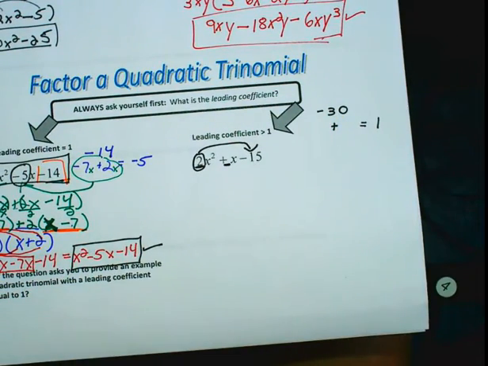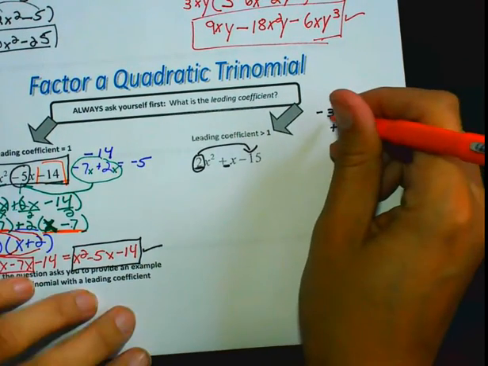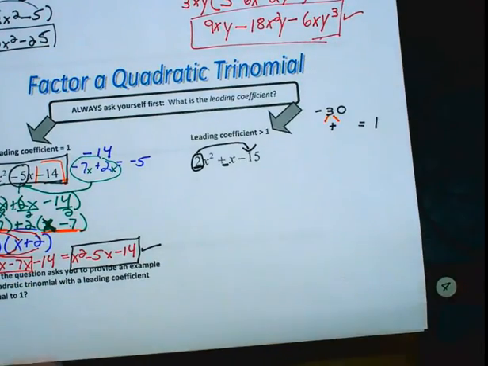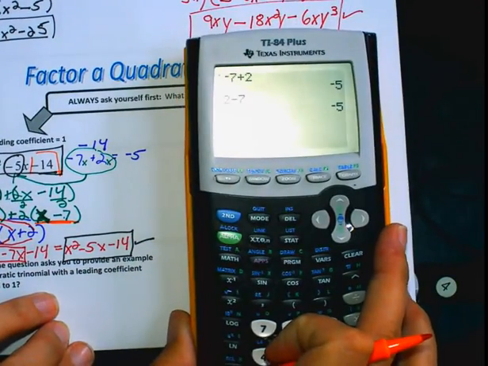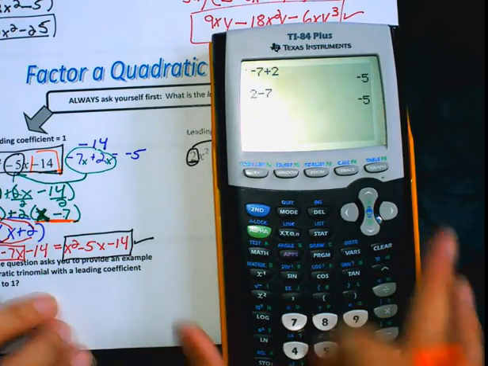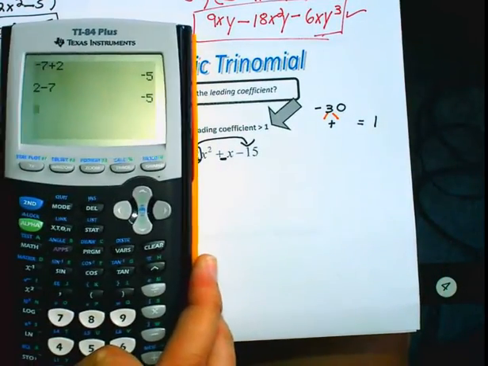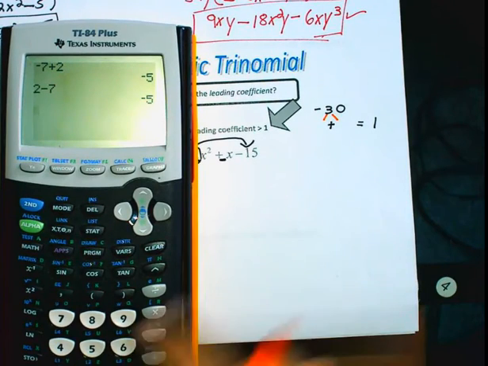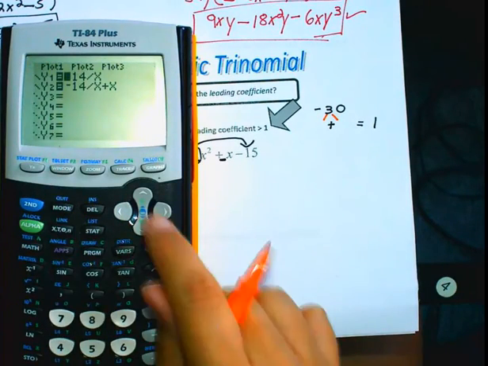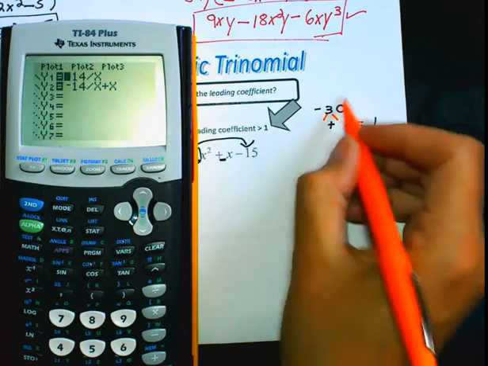Again, you can do this by hand, trying numbers that multiply to negative 30, but add to positive 1. I'm going to use the calculator. Move it over here. All right, so instead of the negative 14, we're using negative 30 this time.